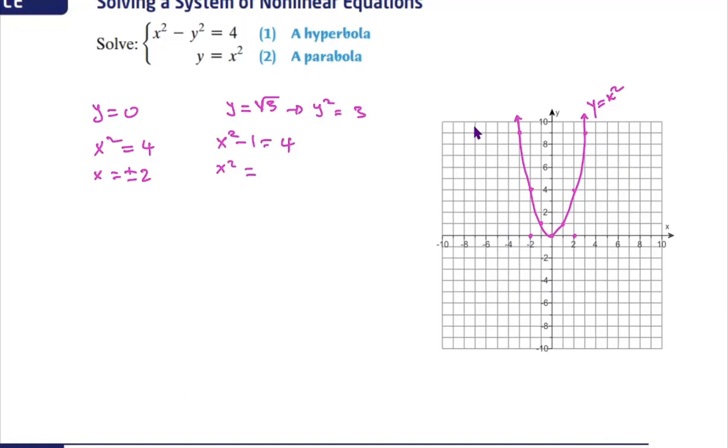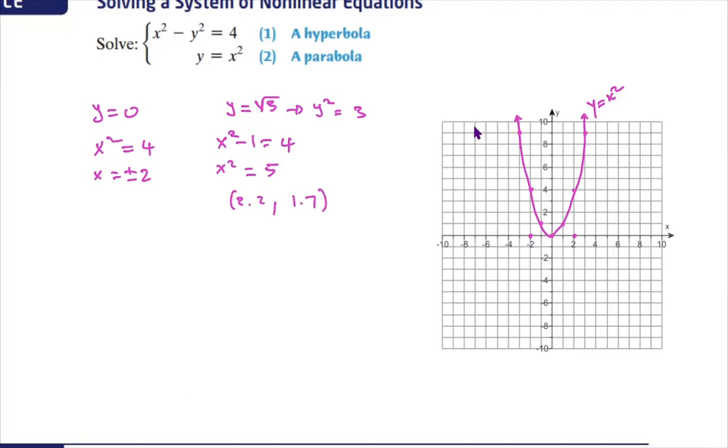Let me say, okay, x squared equals 7. Then the square root of 7 would be 2.6. And the square root of 3 is 1.7.